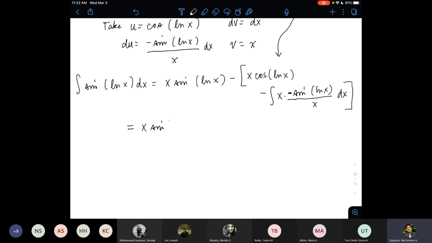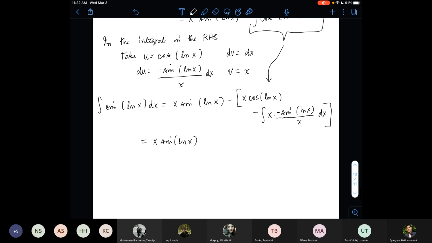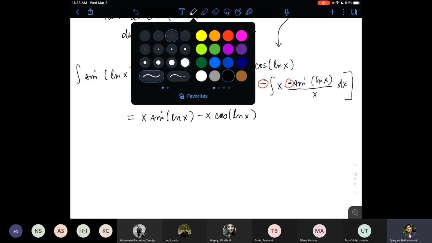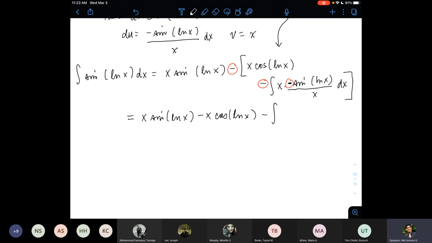So x sine of ln x minus x cosine of ln x, and then a minus sign times a negative, so that's going to be positive, but there's a negative sign there. So ultimately, we'll have negative integral of sine ln x dx.